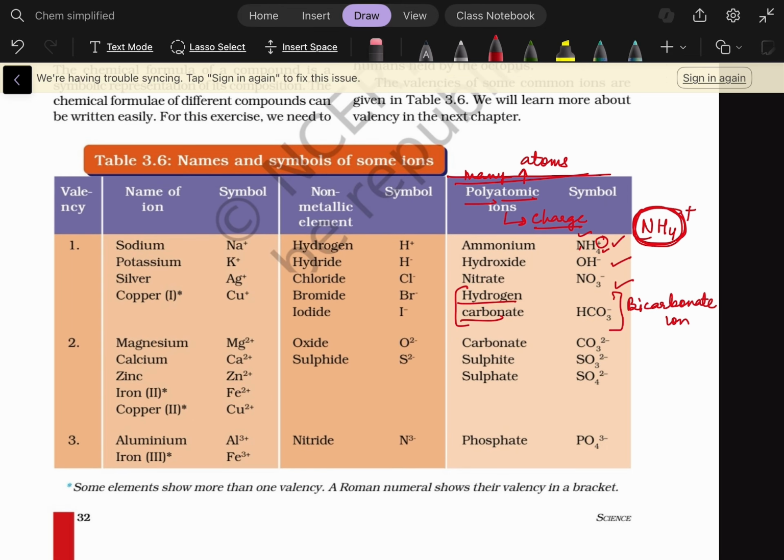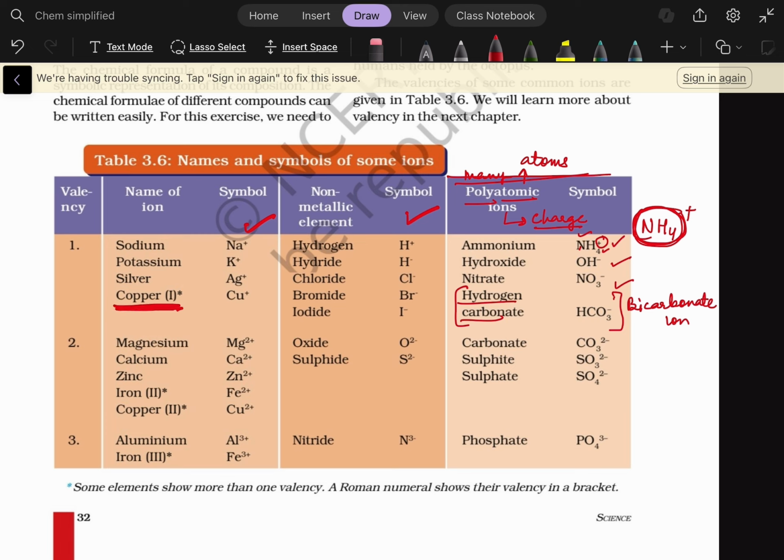And if you see in table 3.6 here, you see positively charged ions, cations here, and then anions here. So sodium forms an ion with 1 unit positive charge. Potassium forms an ion again with 1 unit positive charge. Silver, this is written copper 1.